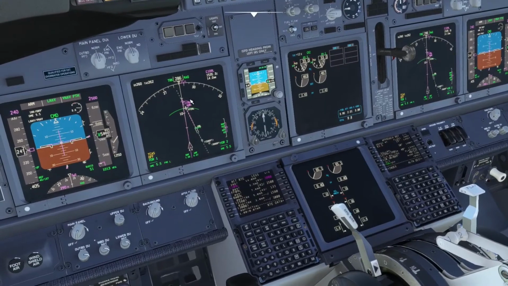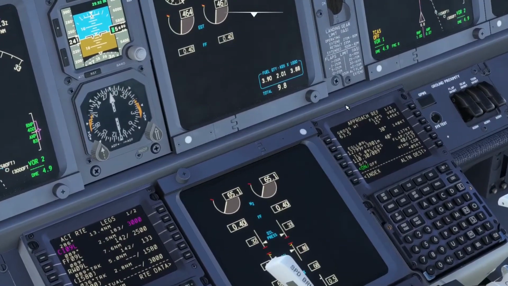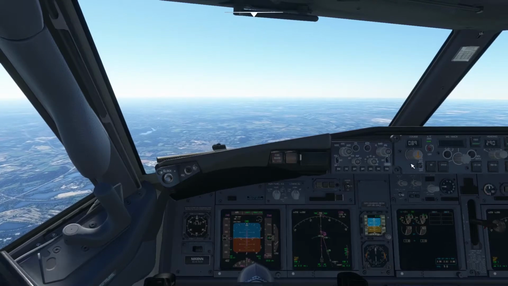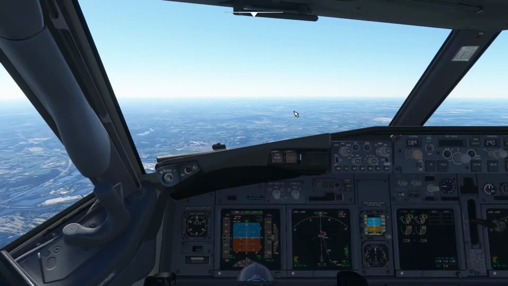And we need to make sure it's done by then. We could probably set it a bit earlier or roughly around that time if we need to. Okay, we're going to leave it on there just as a reminder of the speed in case we need to have a look over before we set the autopilot for that speed.